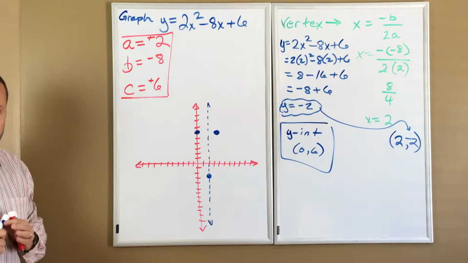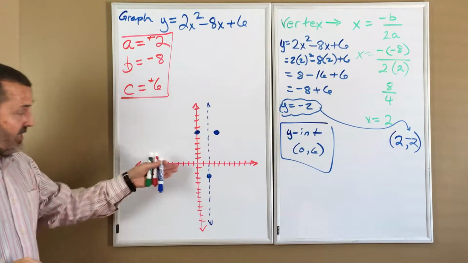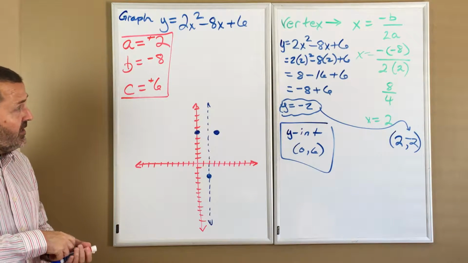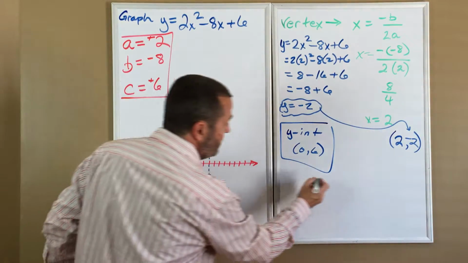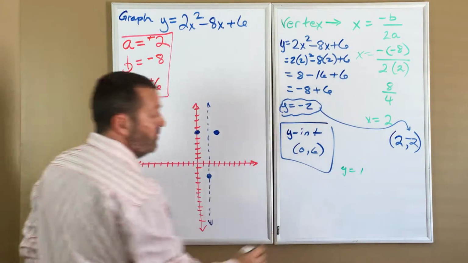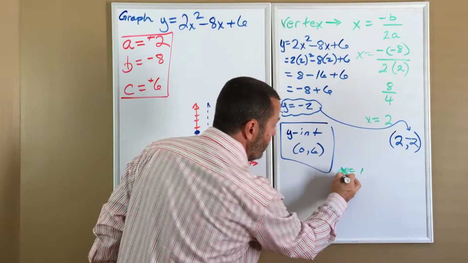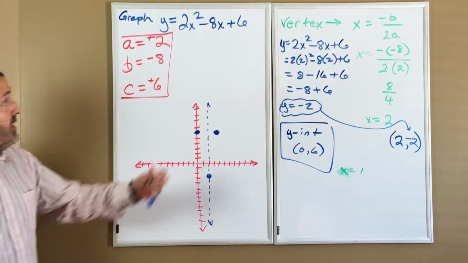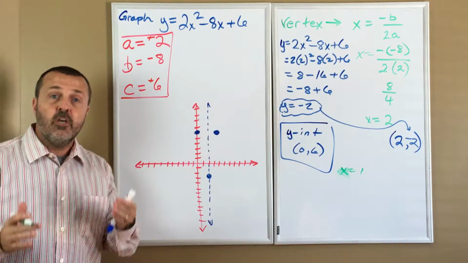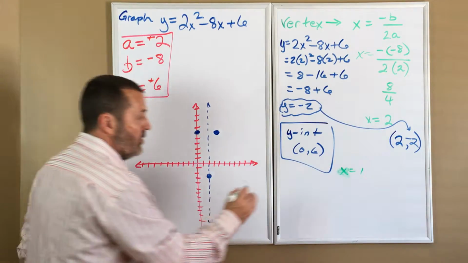There's one more thing we need to do. We need to find one more point. Let's use x equals 1. Let's put x equals 1 back into the original equation to create a second point.